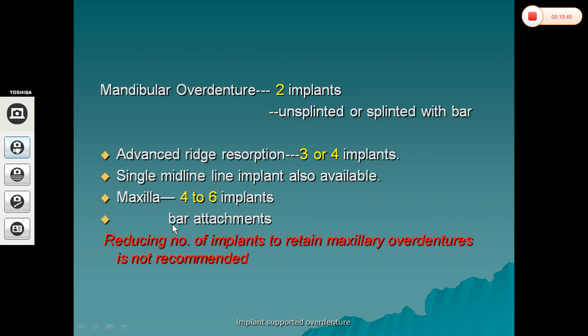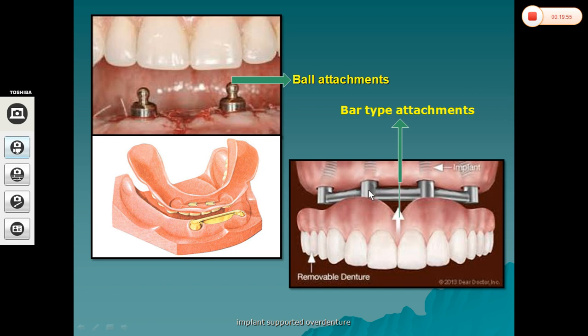Remember, for maxilla, we have to prefer bar attachments. We try to reduce the number of implants for maxillary overdenture. It is not recommended. It will affect the overall treatment. So we should not reduce the number of implants.